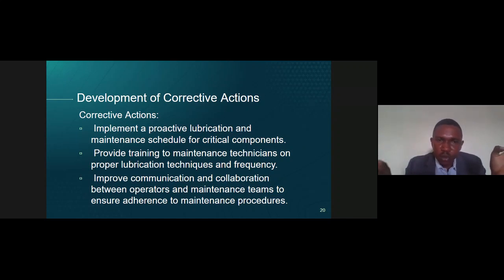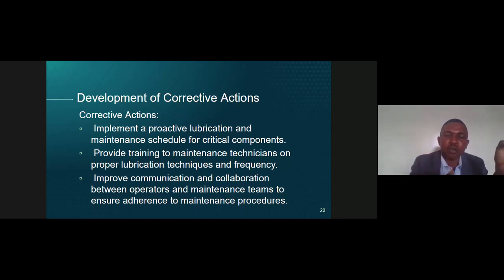What are the corrective measures they had to put in place? They implemented a proactive lubrication maintenance schedule for equipment. They also provided training for their maintenance technicians and even their operators on how to lubricate the equipment well, at what time, and the frequency they should do that. Training was provided for them.